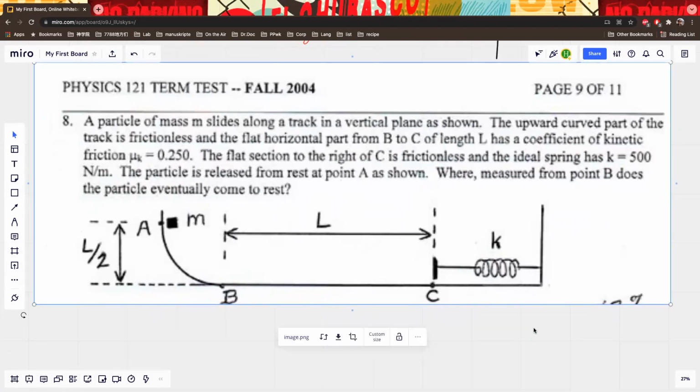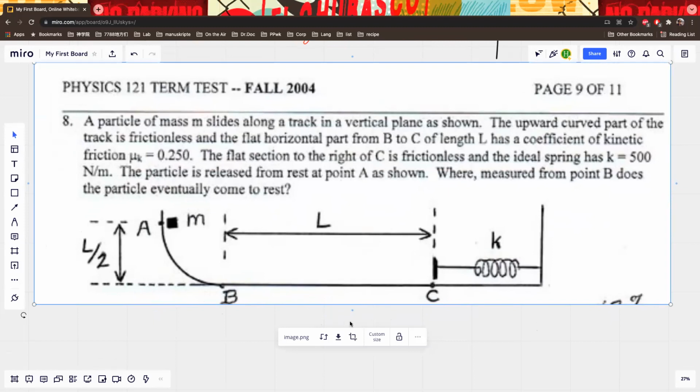Okay, so a particle of mass m slides along a track in a vertical plane as shown. Can you see that? Yes. Okay, the upward curved part of the track is frictionless, so all of this is frictionless. Then we land at B, and between B and C, there's a coefficient of friction of 0.25.